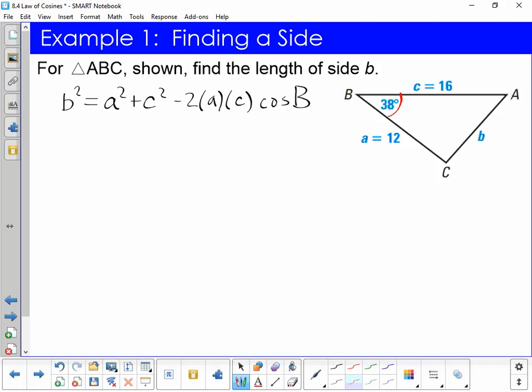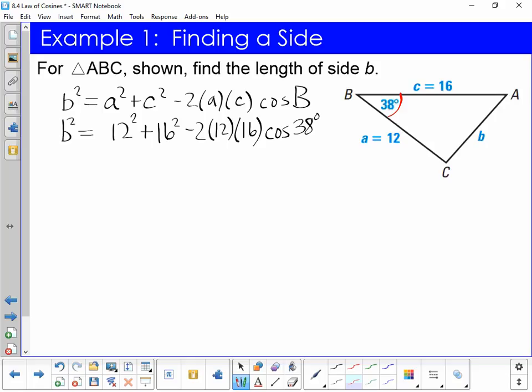If we put in the information that we know, a is 12, so this is going to be 12 squared plus 16 squared, since c is 16, minus 2 times 12 times 16, and we also want to multiply that by the cosine of 38 degrees. As I wrote that, I left off my power there. Be careful of that.